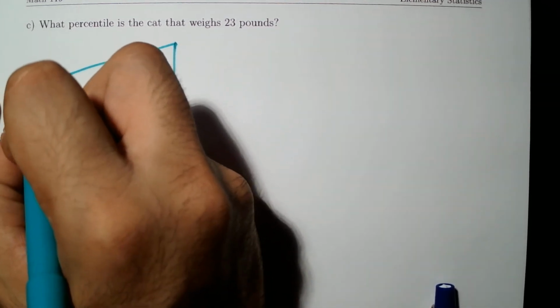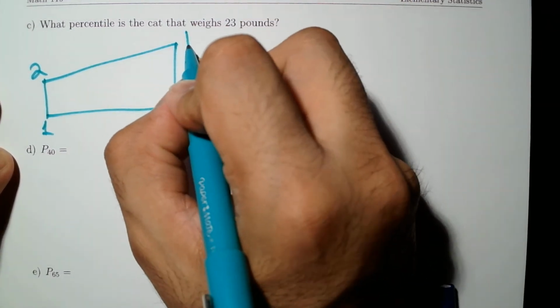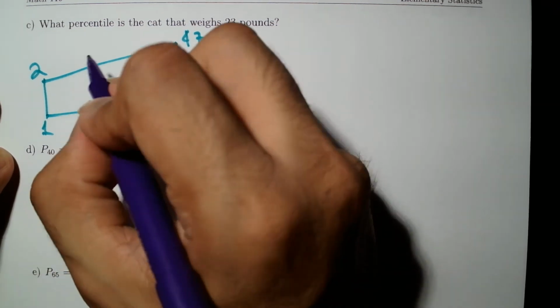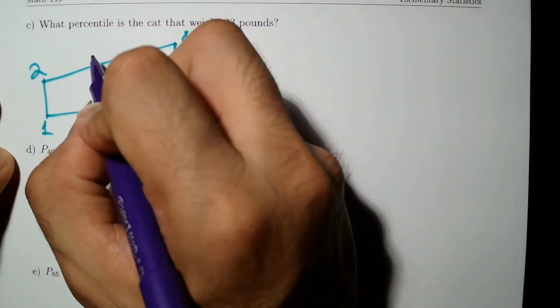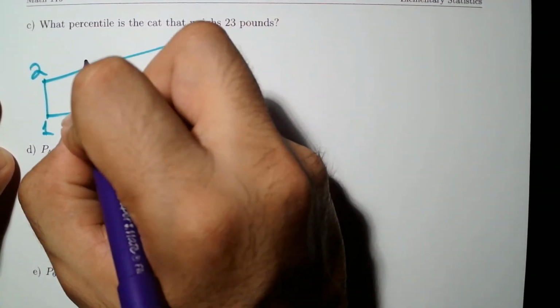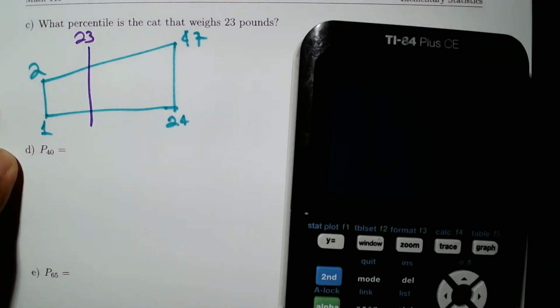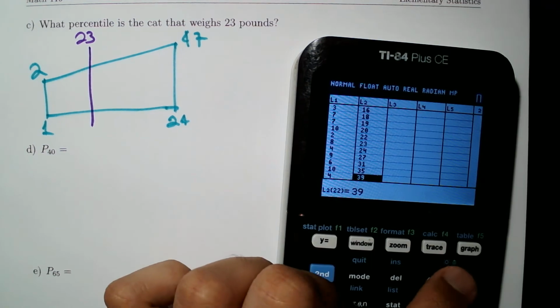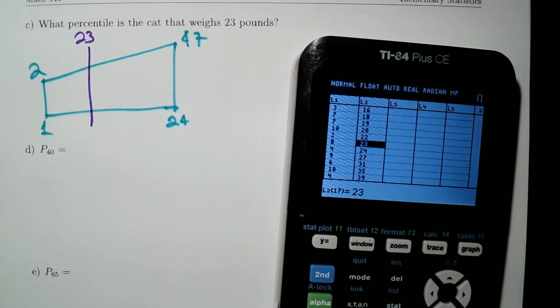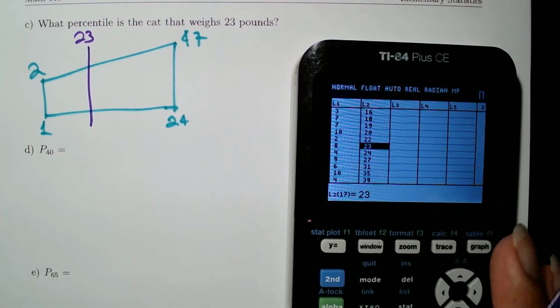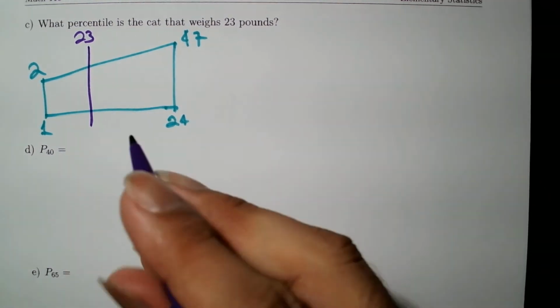The lightest is 2 pounds, and the heaviest is 47 pounds. All right. So we're looking for the cat that weighs 23 pounds. Let me scroll to 23 pounds. 23 is the position 17, the number in parentheses. Okay, 17.